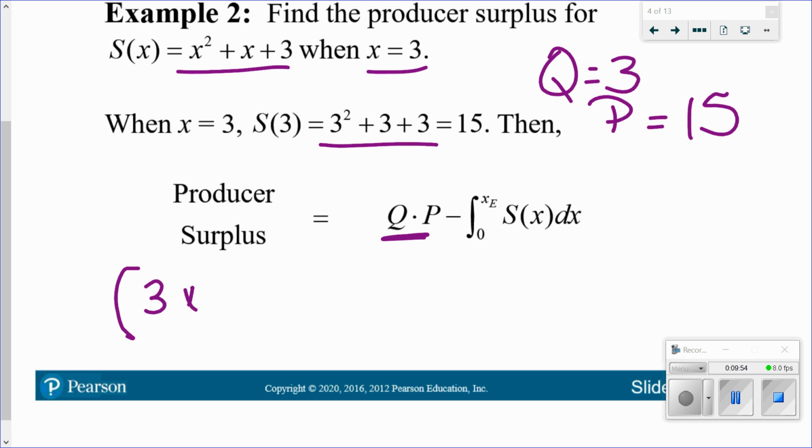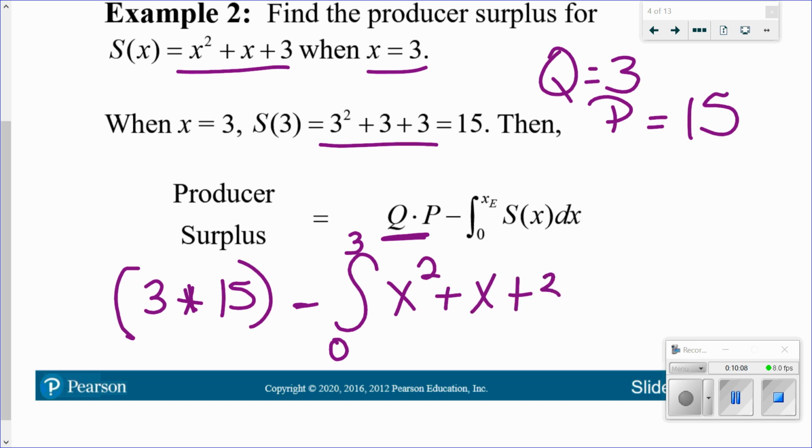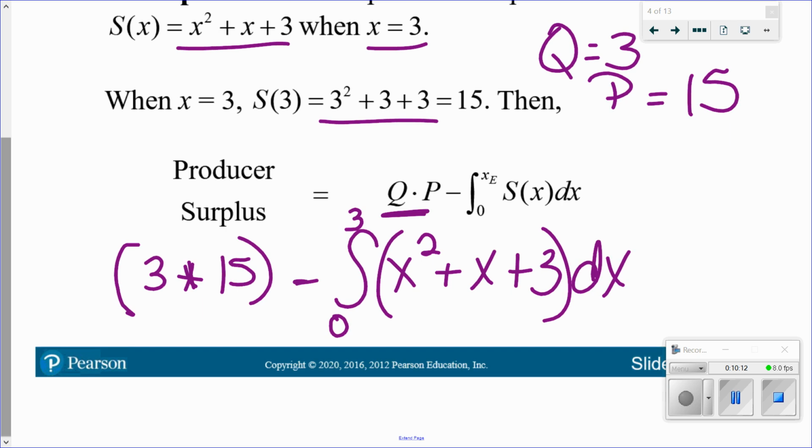So we have 3 times 15 minus, we're subtracting the antiderivative of the supply function from this, 0 to 3, x squared plus x plus 3 dx. Okay, so we have 45. Now again, we're going to drag this along.